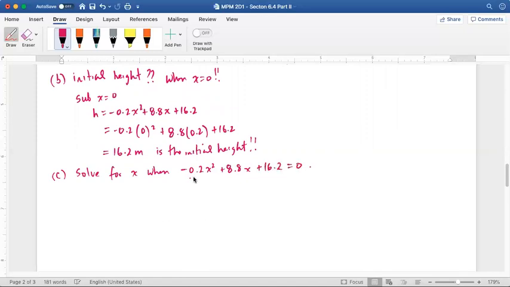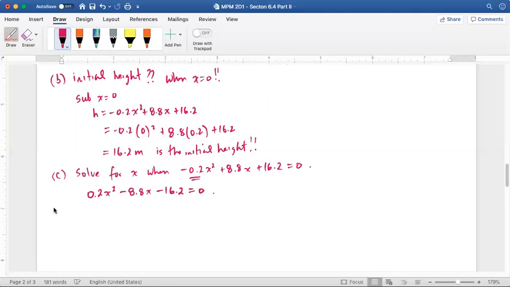Now, I don't like dealing with negative values of a. I know I probably included in the notes that you could deal with it that way, but I like dealing with positive values of a. So I'm going to multiply each term by negative 1, thereby changing the sign. So 0.2x squared minus 8.8x minus 16.2.